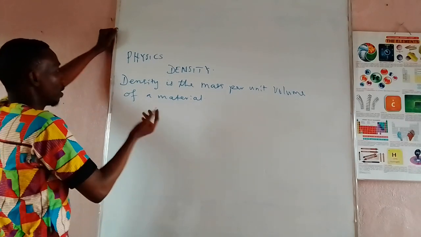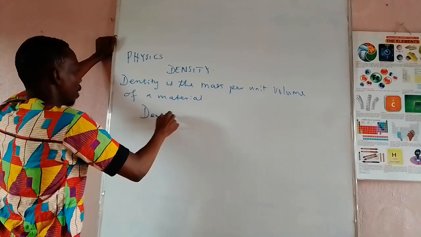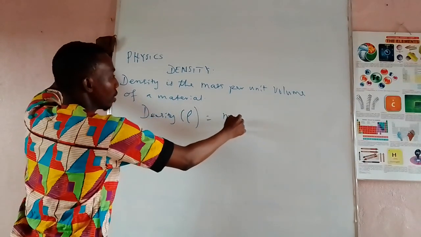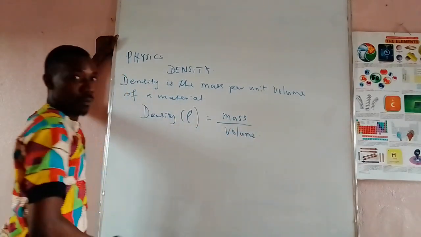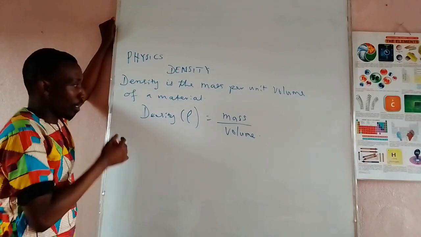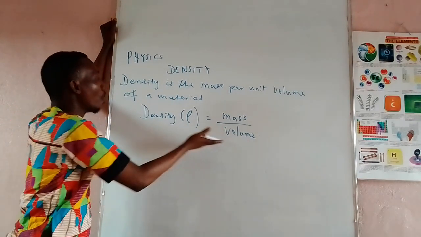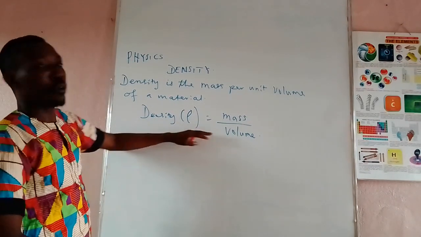So let us look at the formula. Density, which is represented with the symbol rho, is mass per volume. Now, how do we apply this formula?